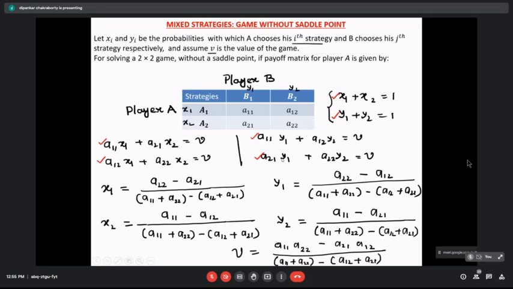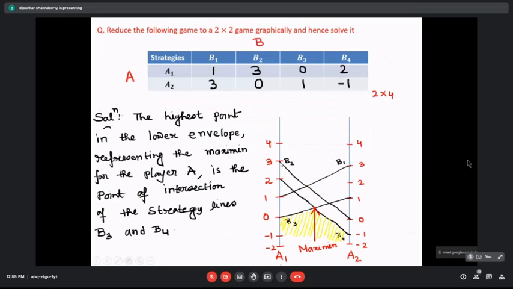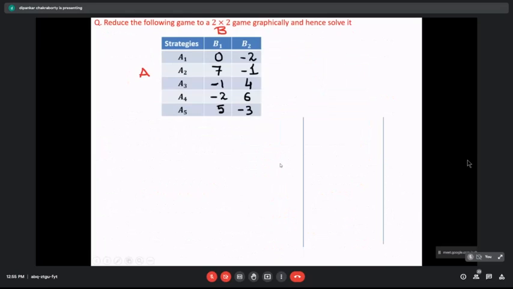Yes, sir. So now I'm going to give you the problem. Last time we did 2 cross n. Now I'm going to do m cross 2. Same way we are going to do it. First of all, we are going to draw two vertical lines.